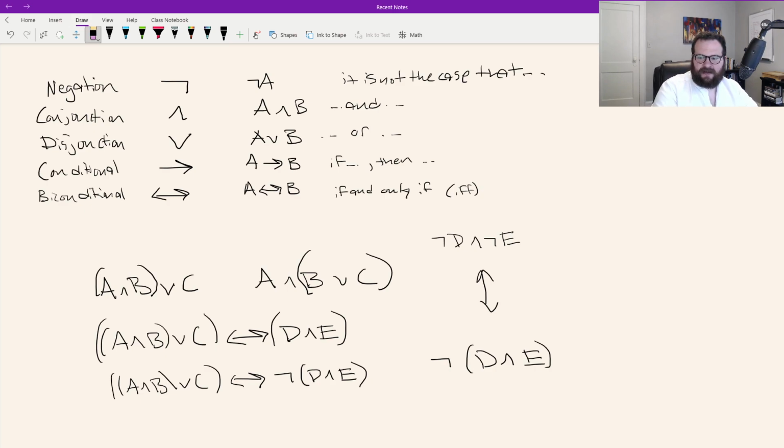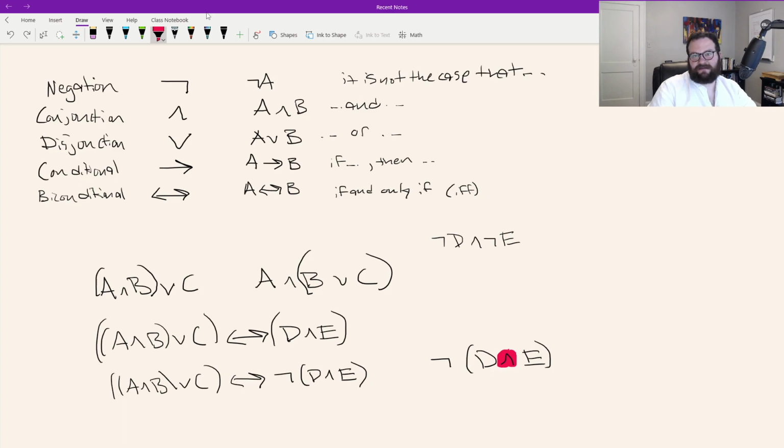Here's why. This bottom example, it's not the case that D and E, could be true if D is true and E is false, right? Why? Well, because "and", our conjunction here, is true only if both sides are true. And this is telling us that the conjunction is false.